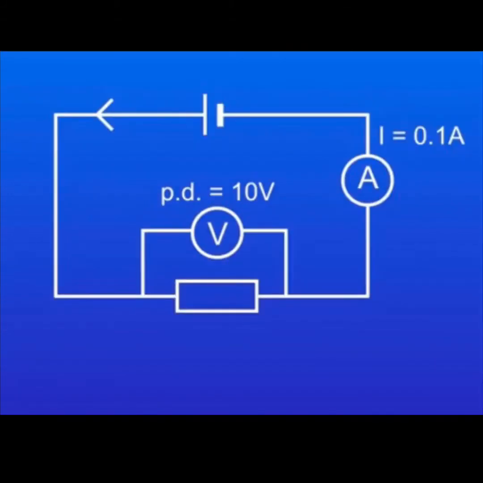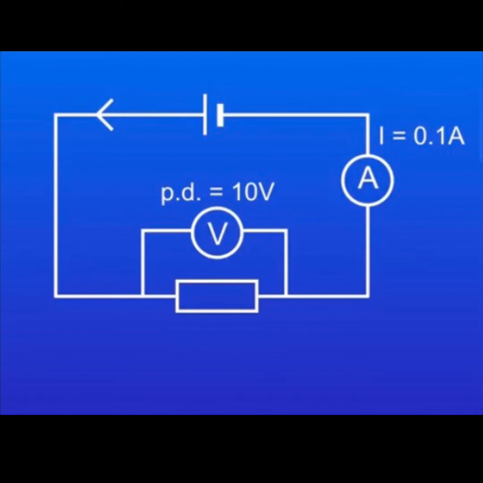We can know the value of the resistor by knowing two things. The first is the potential difference, and the second is the current, or the intensity of the current, I. So here we have the potential difference equals 10 volts and the current I equals 0.1 ampere.